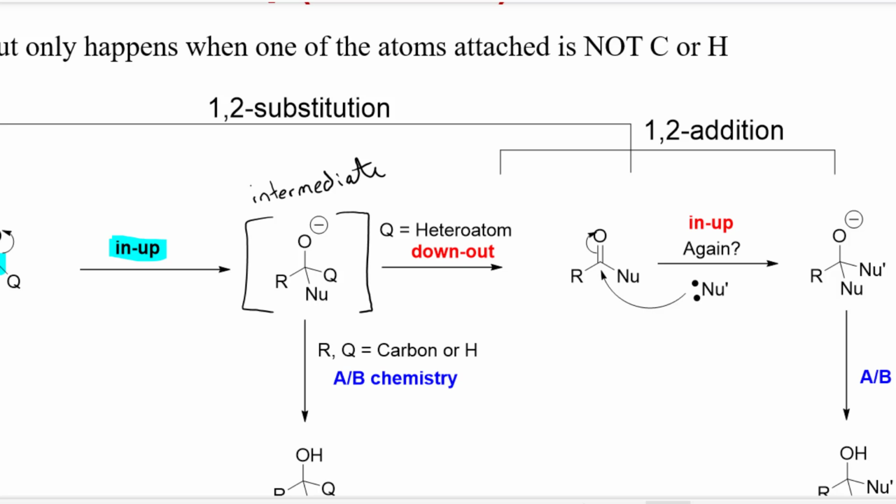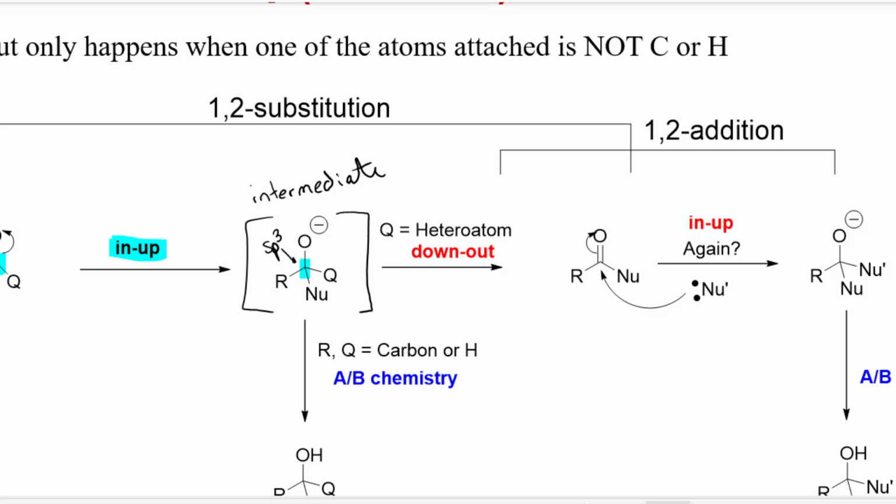Notice that the carbon that we started with was sp2 hybridized, a trigonal planar carbon. So the nucleophile could come in from the front, it could come in from the back. And once the nucleophile forms a bond with the carbon, notice that that carbon is now sp3 hybridized.